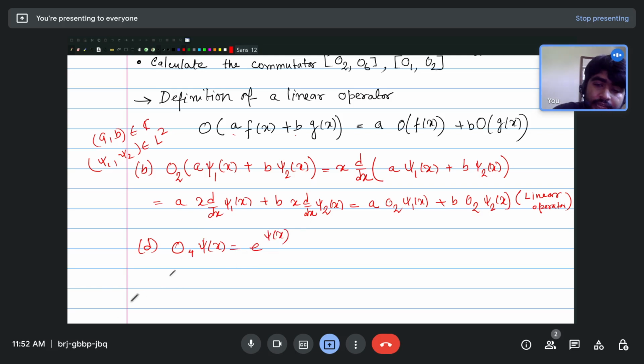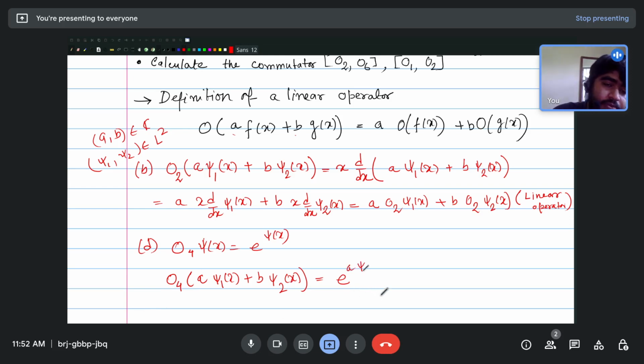So again I will take a linear combination of functions, a ψ1(x) plus b ψ2(x). You are free to take your own combination for this; it is arbitrary, up to your choice. Whatever O4 acts on, it just takes it to the exponential.